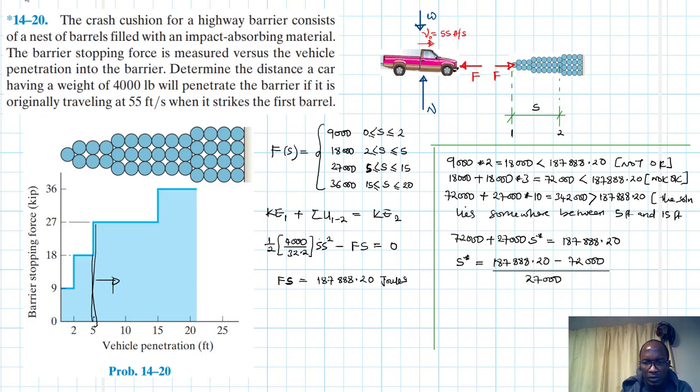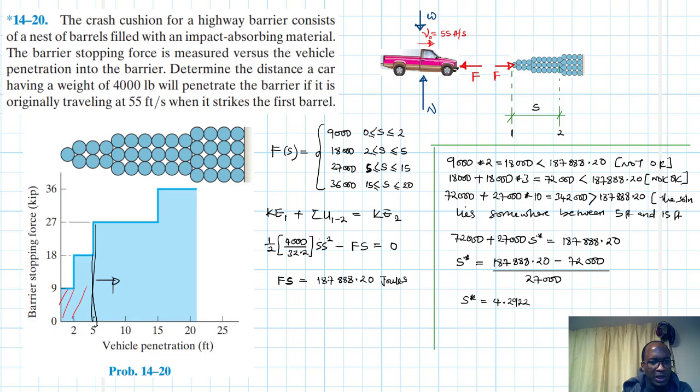So our S star is 187,888.20 minus 72,000 divided by 27,000. So this gives us S star equal to 4.2922. But we are starting from 5 because we've already made use of this energy.